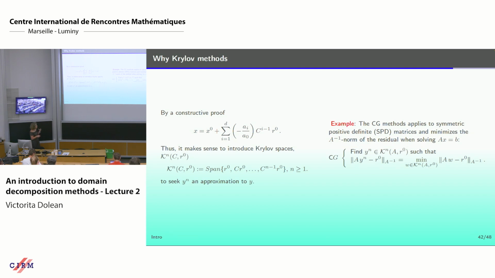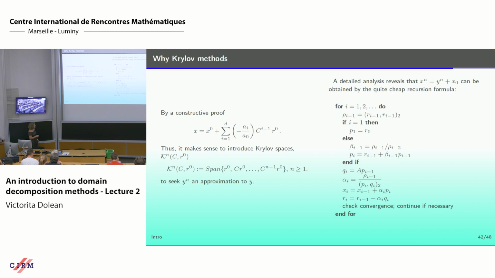But you need to minimize also in a certain norm. Since the matrix is symmetric positive definite, you have a norm for free, so you can use the A-inverse norm to minimize, and you get the perfect iterate, right? So this is the conjugate gradient. I'm pretty sure you haven't seen it this way, because it was probably not explained this way, but you can find a similar explanation, interpretation in Yousef Saad's book on iterative methods.